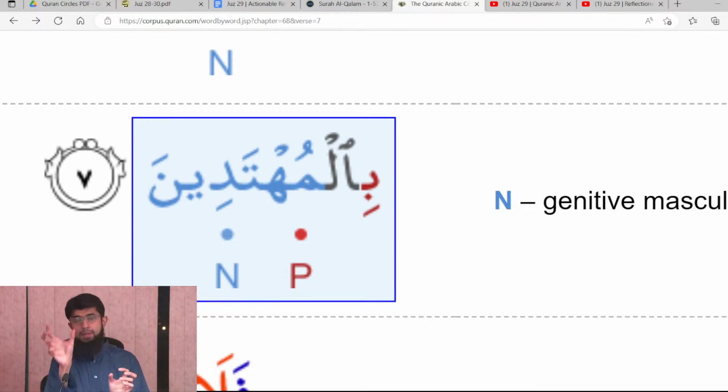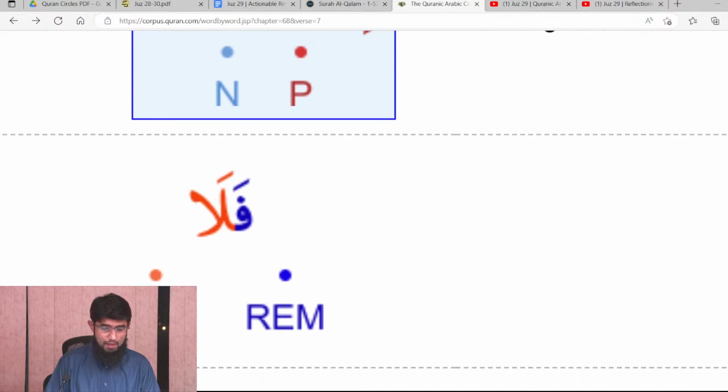Usually you would have meme followed by a quality, and it means a person or people with that quality. Very simple example: Muslim, a person with Islam; mu'min, a person with iman. If you make it plural, mu'minun or mu'minin, people with iman, or people with guidance, and so forth. Clear? Okay, fala.